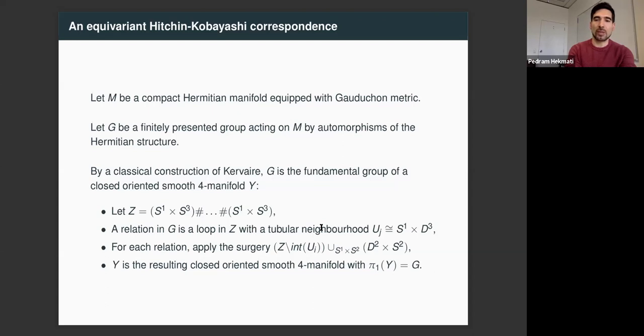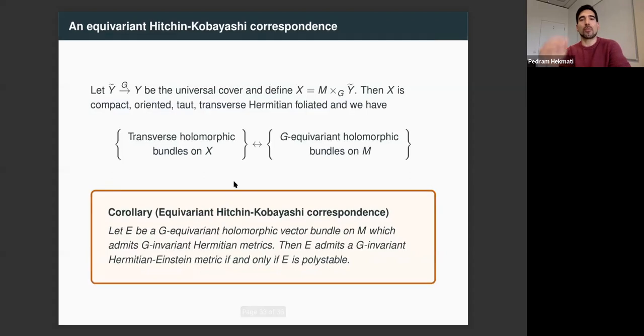So you cut out this tubular neighborhood and you glue back in a copy of D2 cross S2. And you can use a van Kampen type theorem to show that this surgery is exactly killing off that relation. So that's a well-known result that finitely presented groups can be thought of as fundamental groups of closed oriented smooth four-manifolds.